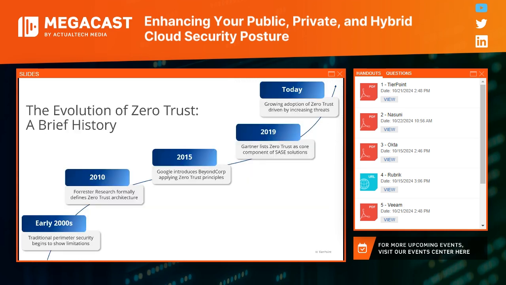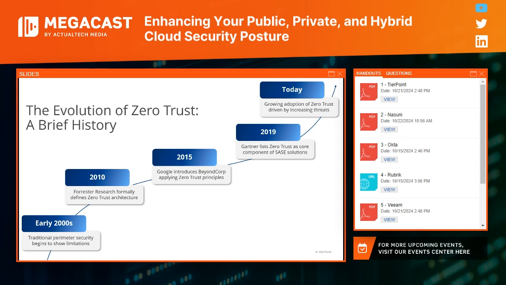Now, let's talk through the evolution of zero trust. First, in the early 2000s, traditional perimeter security begins to show limitations. Bad actors were finding ways to penetrate the perimeter defenses and gaining access to the internal networks. The term zero trust was coined by an analyst at Forrester Research in 2010, when the model for the concept was first presented.